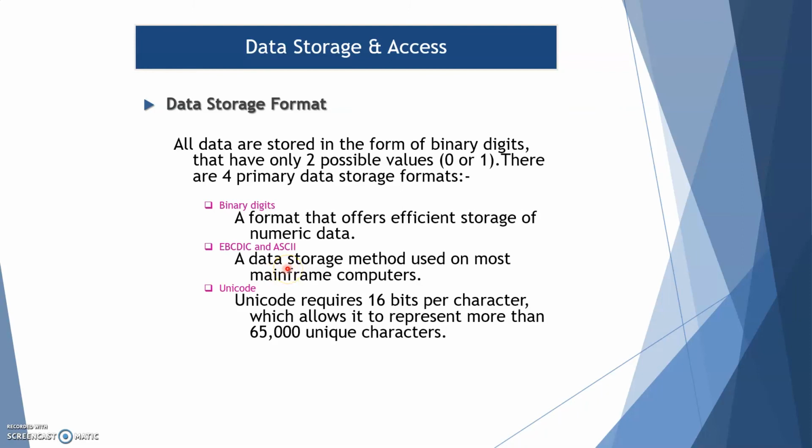It is a coding method used on most personal computers. Both of these codes require 8 bits or 1 byte for each character. The Unicode is a more recent coding standard that uses 2 bytes per character rather than 1.